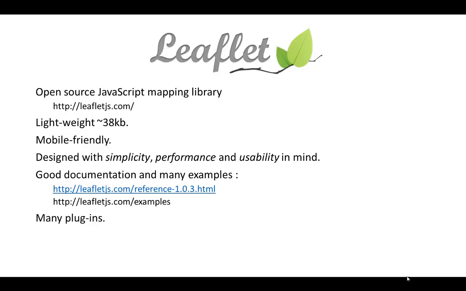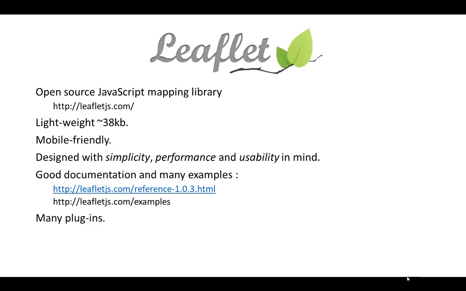Basically, as the mapping programs are further developed, it becomes easier to do things because the libraries are built so that you can do a particular job with maybe one or two lines of code, whereas in the Google Maps API you maybe needed 20, 30 lines of code to do that thing.